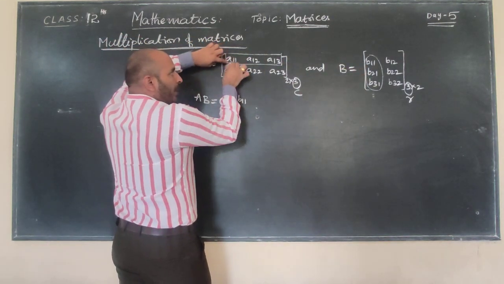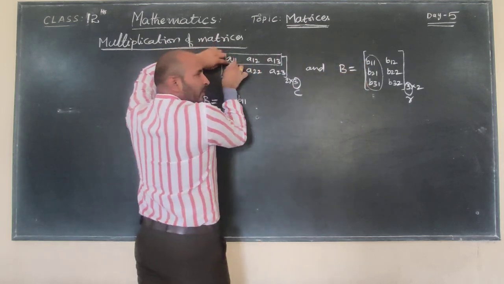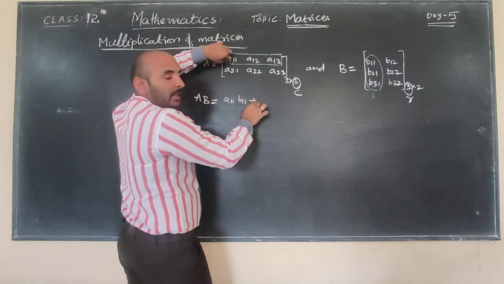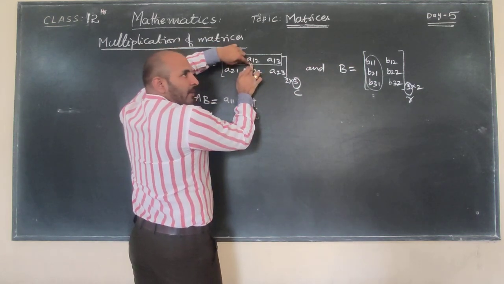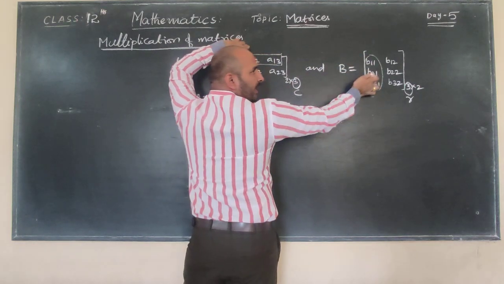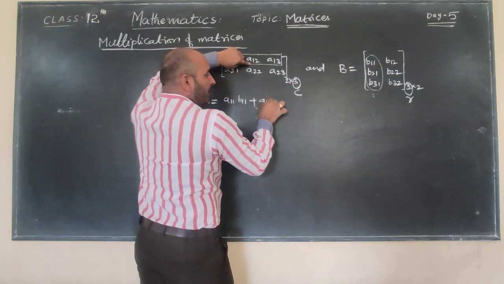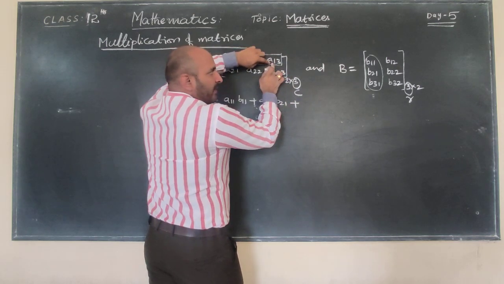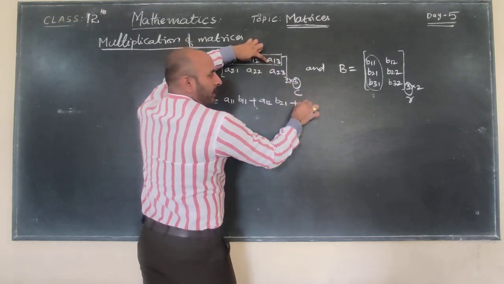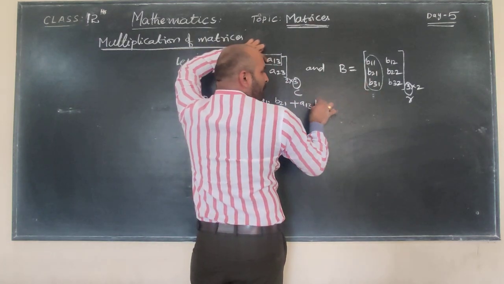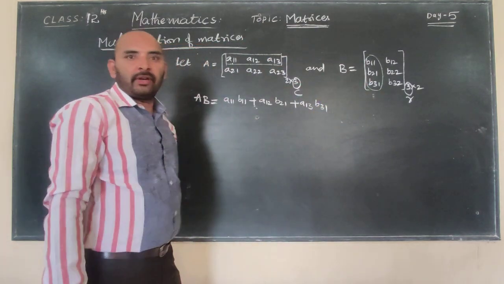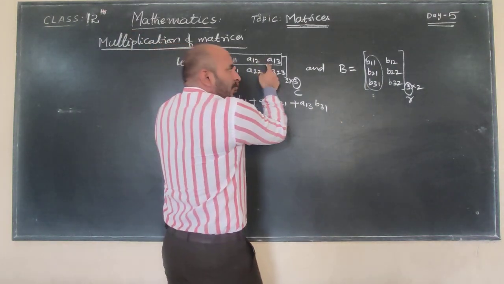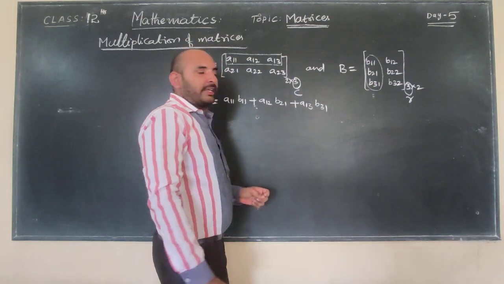A11 into B11, the corresponding first elements, plus A12 into B21, the first row second element with the first column second element, plus A13 into B31. So this is only the first element: the first row elements with the first column elements of the second matrix.